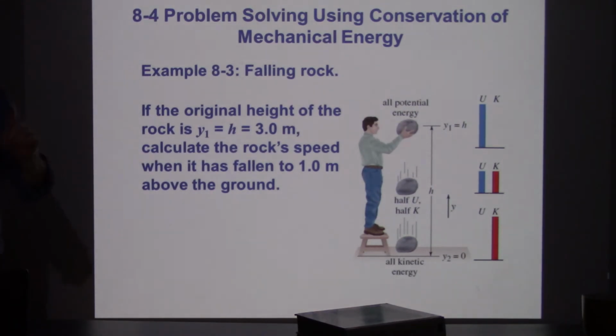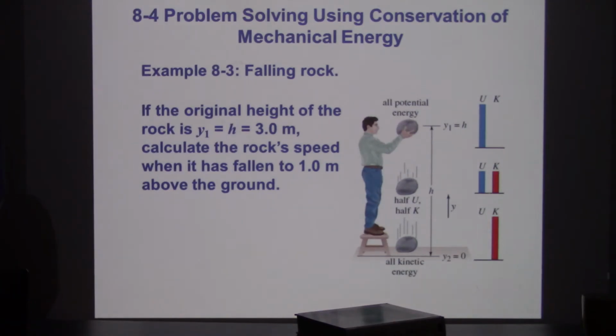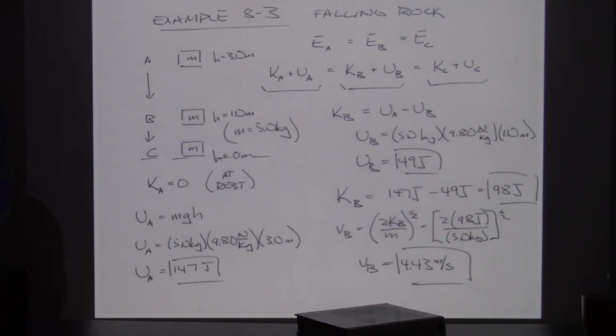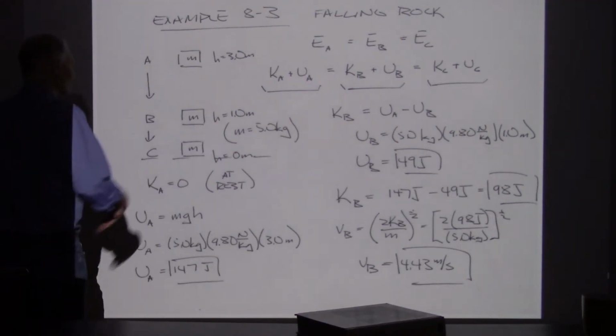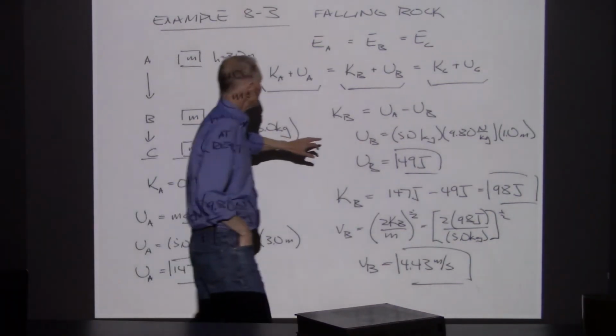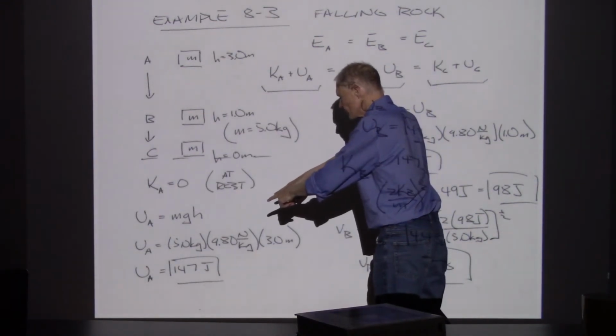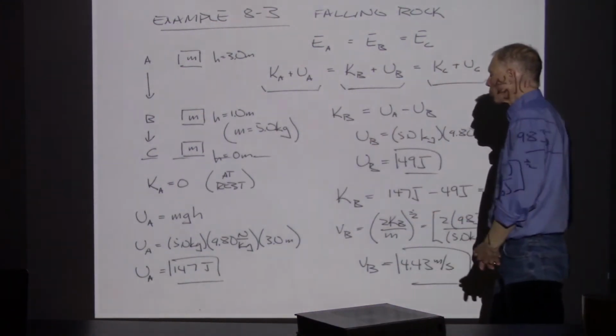I'm skeptical about the 3 meters, and not sure about the mass being 5 kilograms. Maybe I added it. It says 5 kilograms, it looks more like 50. I don't know where I got 5 from. But the potential energy at point A is 147 joules. That's what we have to work with.